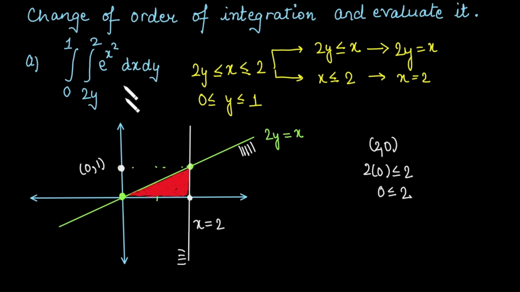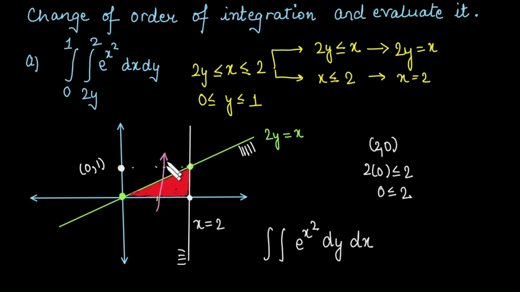After sketching the region, we need to find the limits first with respect to y, then with respect to x, and we need to integrate the same function e raised to power x square. In this case, when you want to take the limit for y, it means we need to take a line parallel to the y-axis.